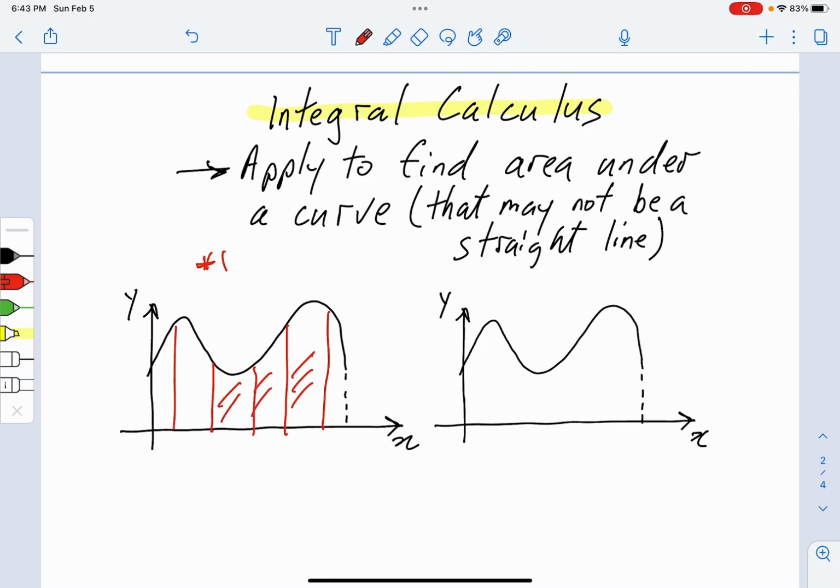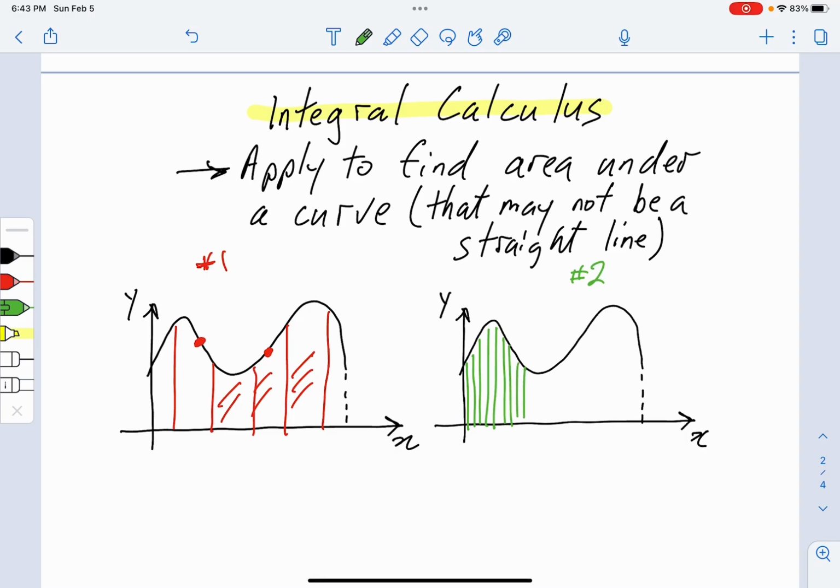In fact, for the height of the boxes, we could even take the midpoint if we wanted to get a little bit better estimate. However, let's take a look at graph number 2 over here. If we wanted to get an even better estimate, one of the techniques we use in calculus is to use thinner and thinner, or more narrow, boxes to estimate the area under the curve.